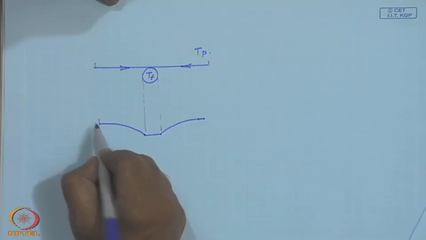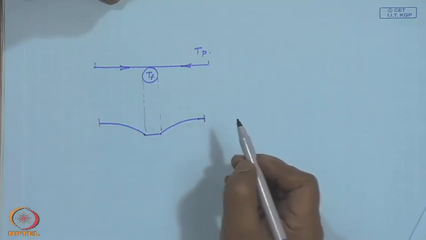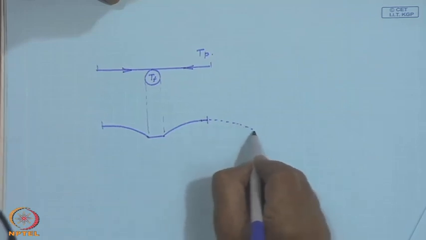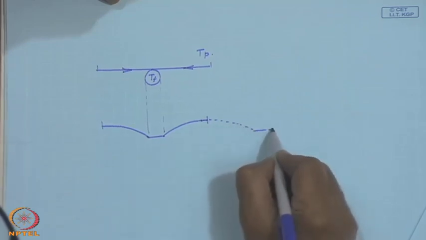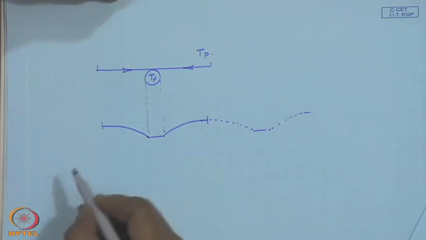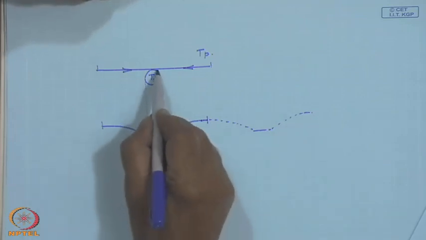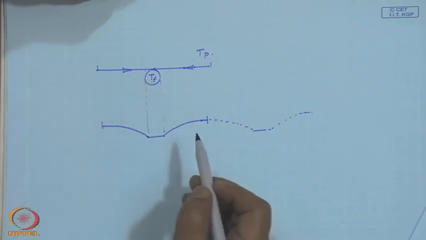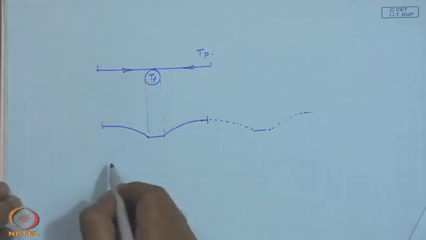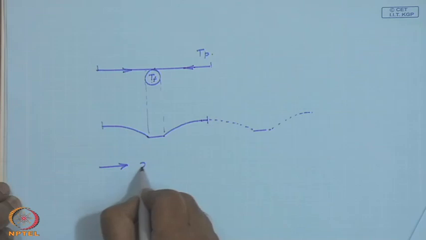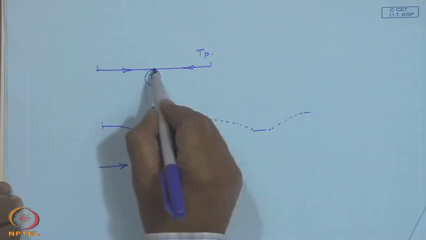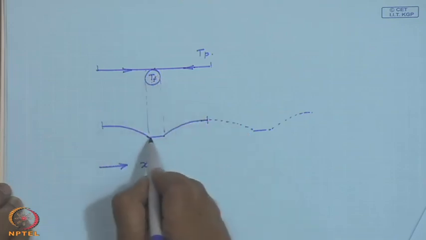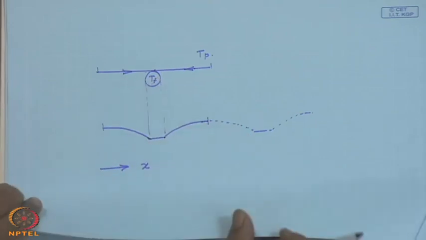So, the temperature is highest at the symmetric plane, because again it will continue like this, then another tube, again it will continue like that. Okay. So, we have taken half a sheet on this side and another half a sheet on this side for a particular tube. This is in the x direction. We are saying that the temperature drop around the periphery is negligible. So, this is a constant temperature.